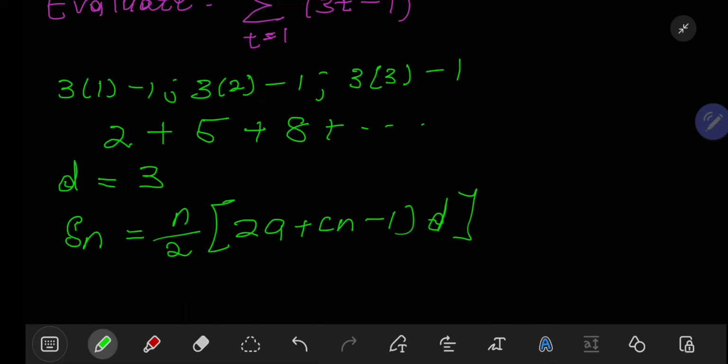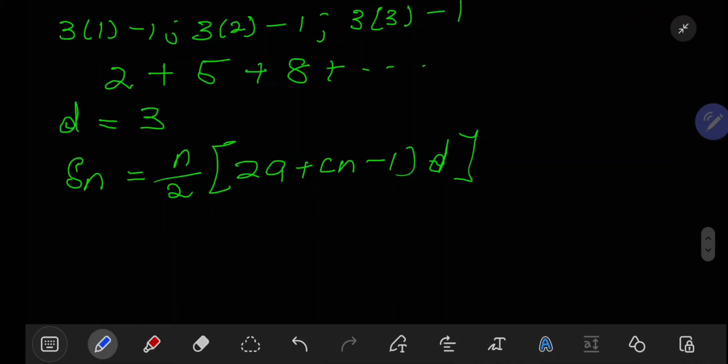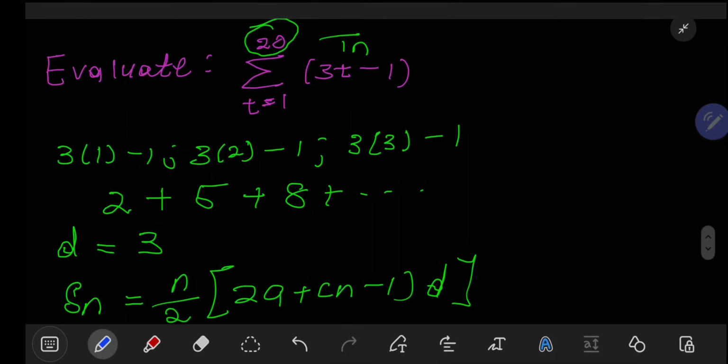To find n, and this is very important, we say n is equal to top minus bottom plus 1. When we say top minus bottom, check on this sigma sign: the bottom part says t is equal to 1, and on top of it, it has the number of terms.